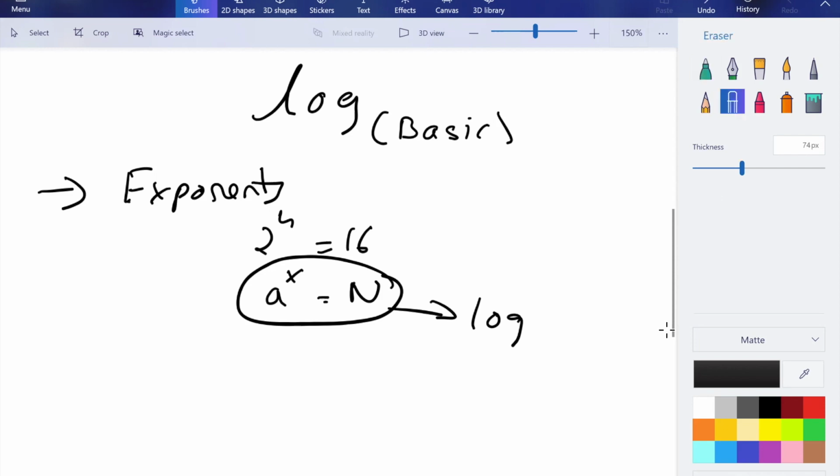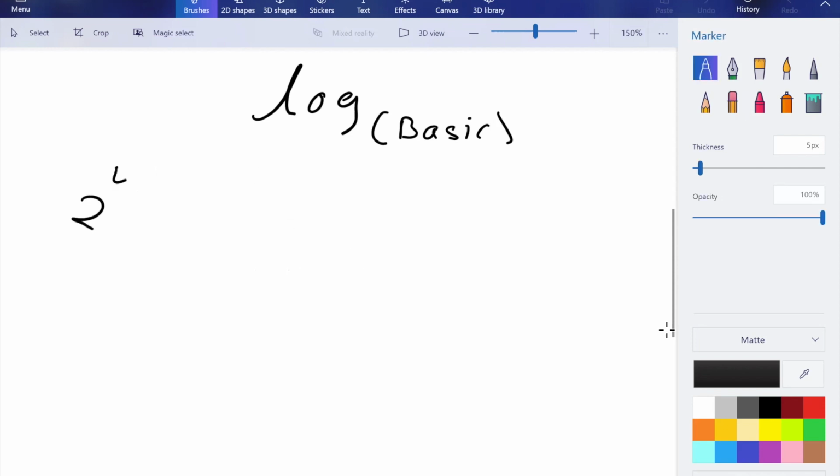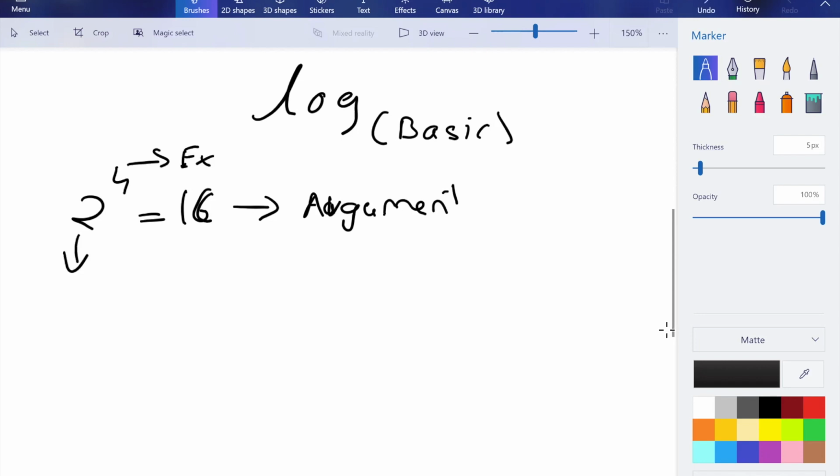2 raised to 4 is equal to 16. Now in this exponential function, this is called the argument, this is the exponent, and this is called the base.